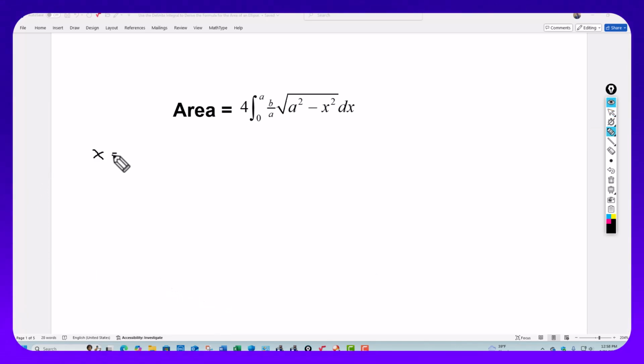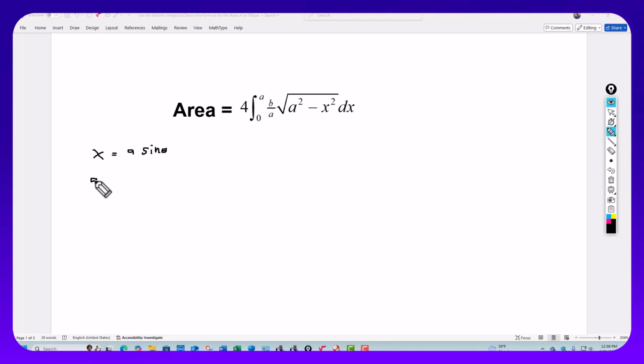So x will equal one of your formulas for trig substitutions: x is equal to a sine of theta. So we're going to transform this integral into one involving the variable theta instead of the so-called u substitution.